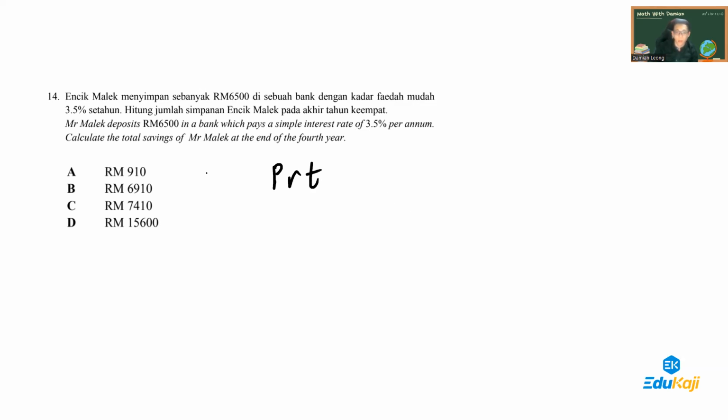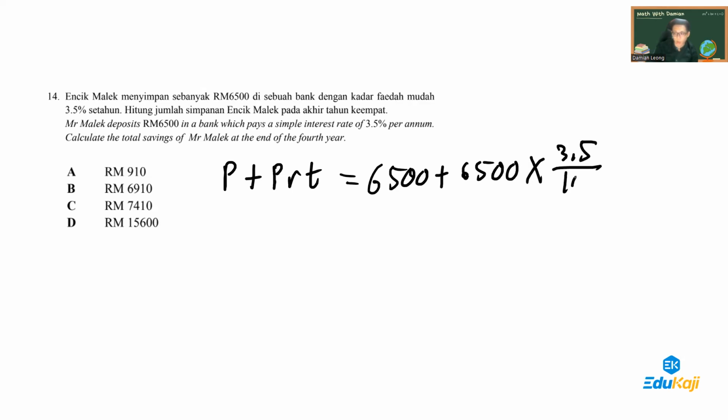If you want the total amount, we just add back the principal. So it means 6,500 plus interest, 6,500 times interest rate 3.5%, make sure you put it over 100, times time. Time is 4 years.